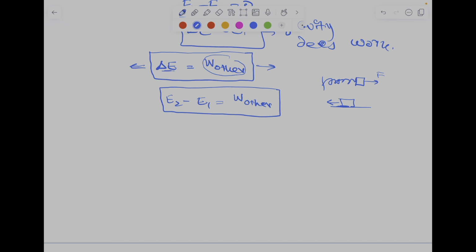Now if we add a spring to the problems, how does your potential energy work? When you have a spring, you have a force which equals kx, okay? And we have learned that your work done is nothing but 1/2 kx2 squared minus 1/2 kx1 squared, and this energy is nothing but the elastic potential energy.